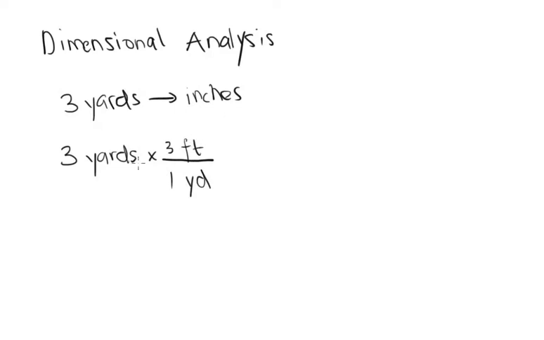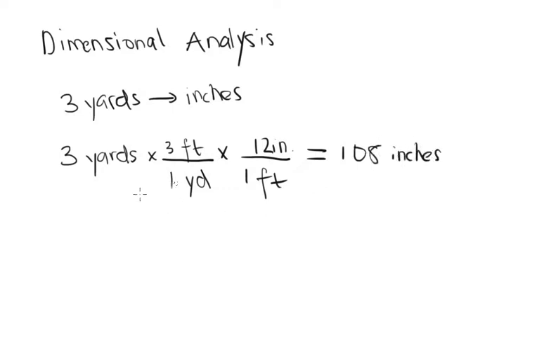But we're not done. We want to find how many inches there are. So 1 foot, 12 inches. And so we get that. When we multiply this, let me double check. Yeah, so 108 inches. So this is dimensional analysis.